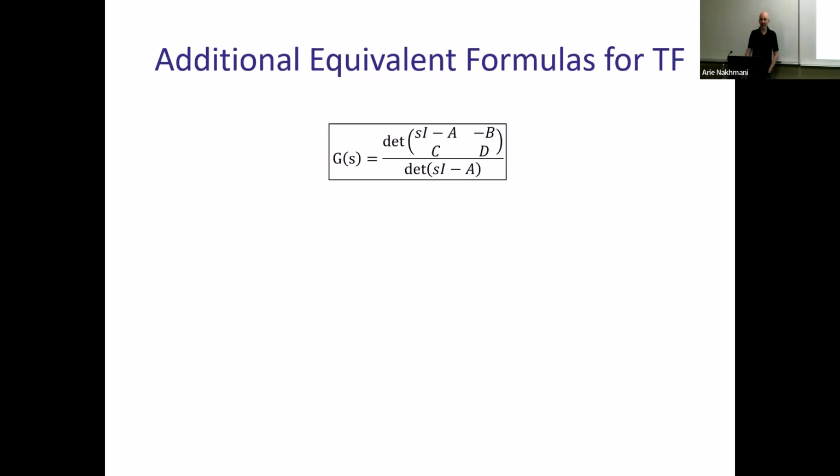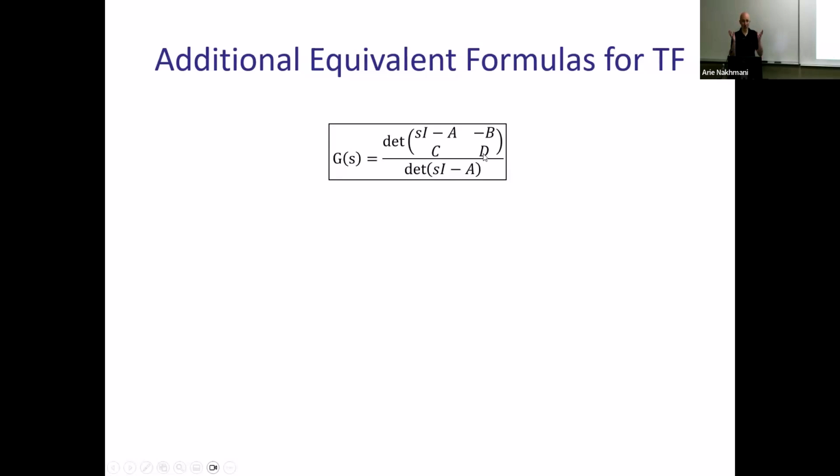You have equivalent representations for transfer functions and equivalent formulas. Sometimes, or many times, they're actually easier to use than the original formulas that we developed. Here's one formula. You're using block matrices and computing the ratio of two determinants. This determinant is the determinant of sI minus A. And this determinant is sI minus A block, then minus B block, C block, and D block.